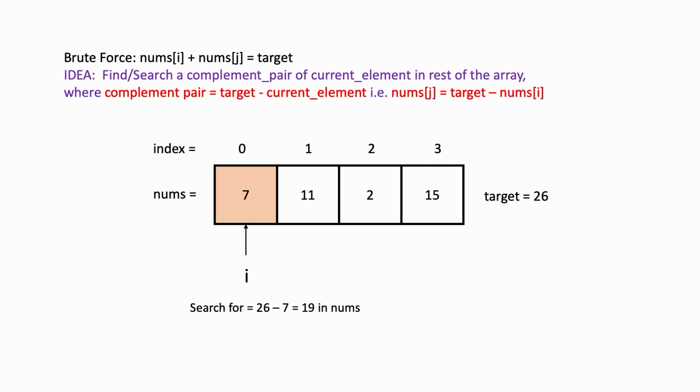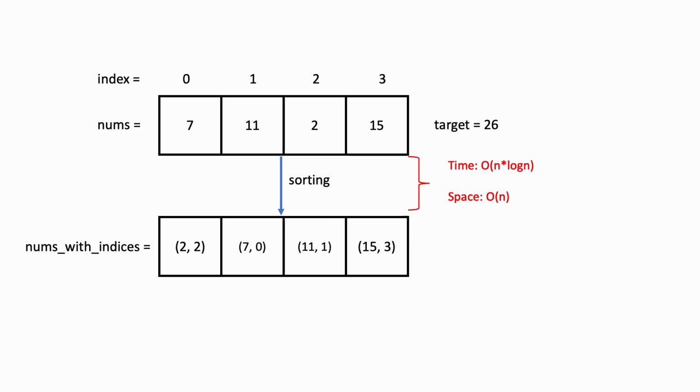Let's see how to apply sorting and binary search in solving the TwoSum problem. Let's apply the solution we talked about on this test case, where nums is 7, 11, 2, 15 and target is 26. The expected output is 1, 3 because 11 plus 15 is equal to 26.